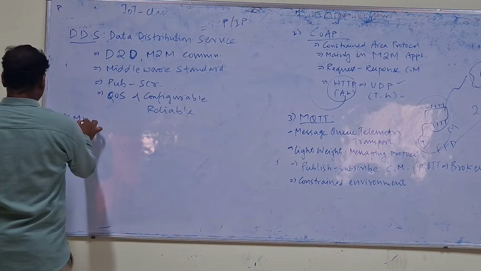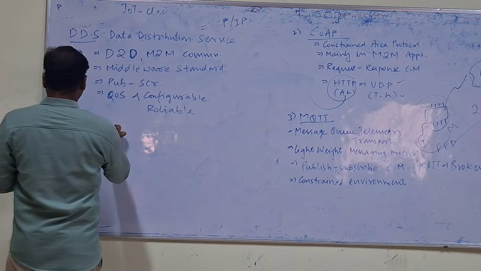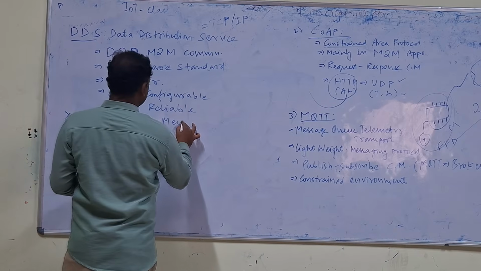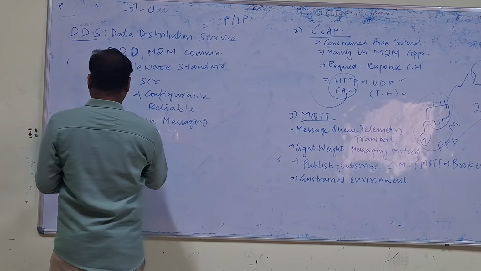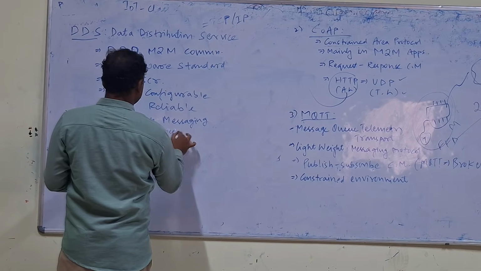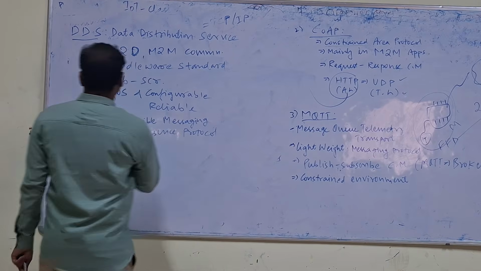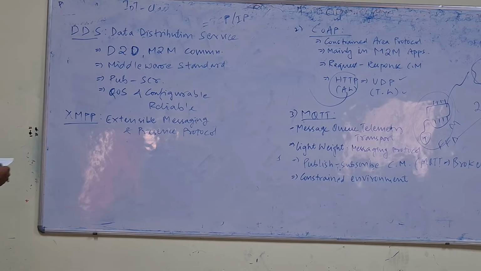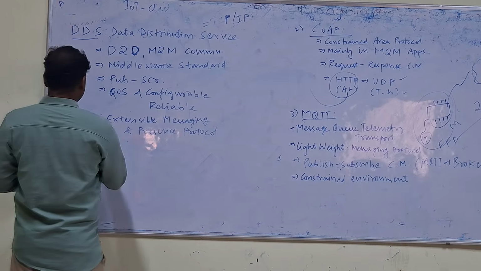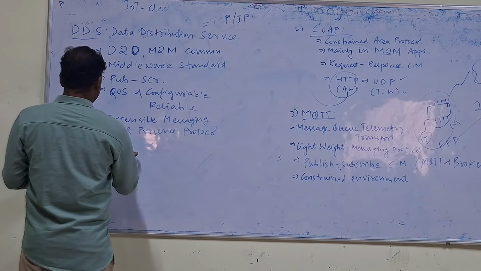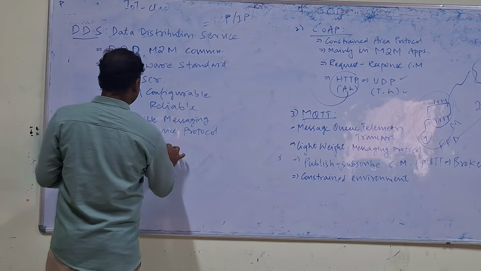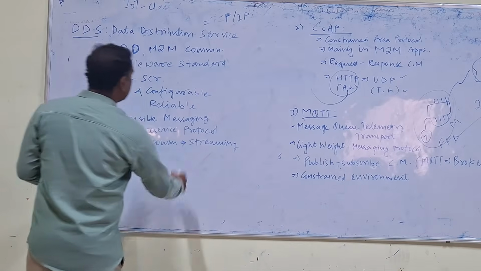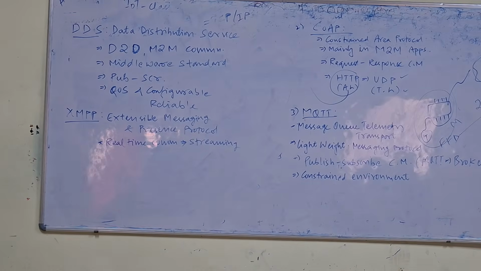Then we have XMPP, extensible messaging and presence protocol. For what? For real-time communication, such as streaming. Streaming, you know.